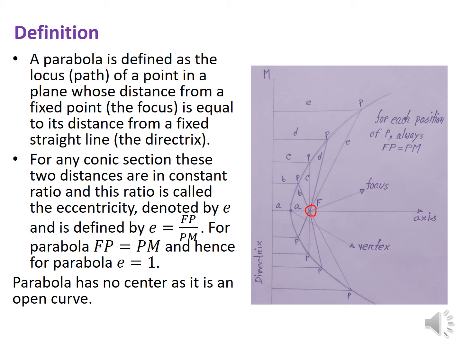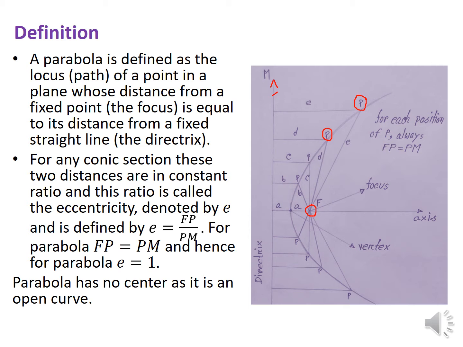So here, this is our fixed point, this is the fixed straight line, and P is any point of the parabola. As per the definition, the distance of P from F is equal to the distance of P from this line.